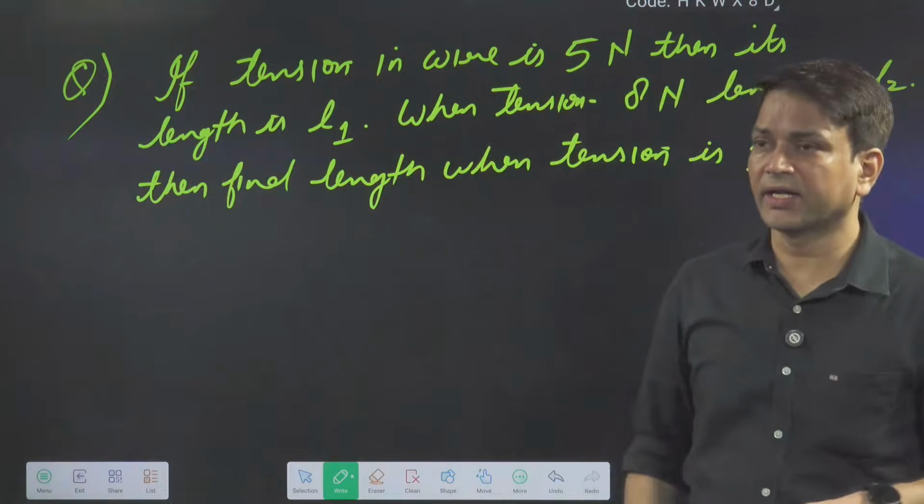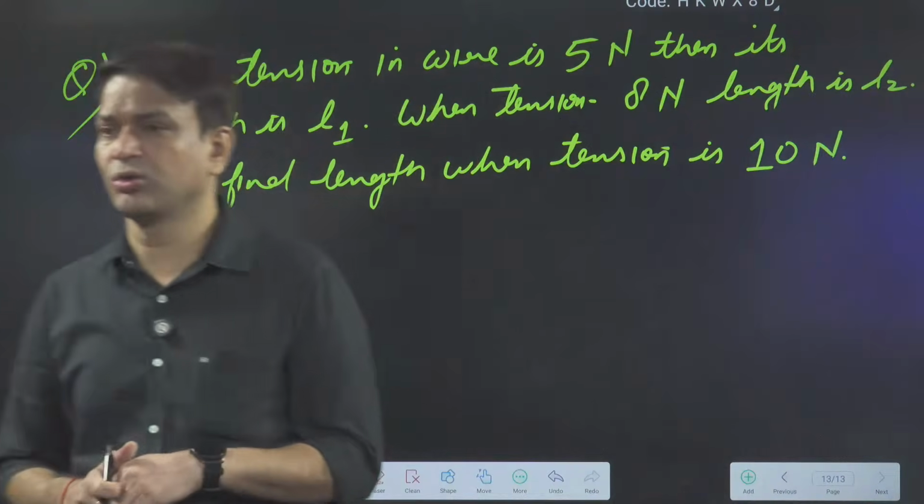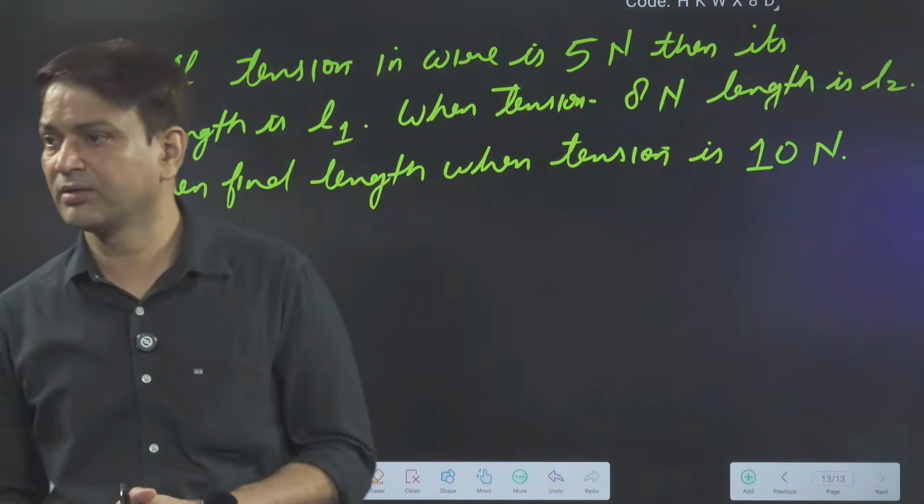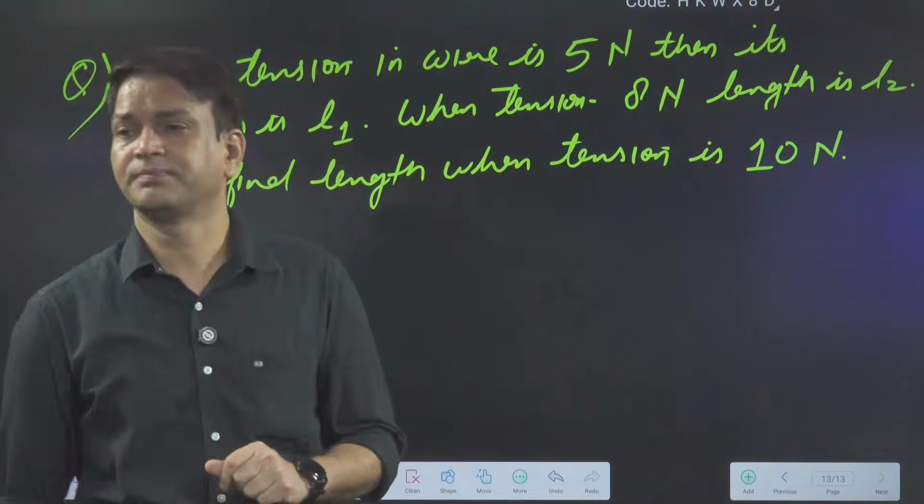When the tension in the wire is 8 Newton, the length is L2. Now I am asking what is the length of the wire when the tension is 10 Newton. Everybody got it or not?